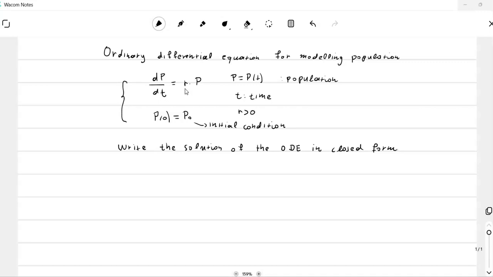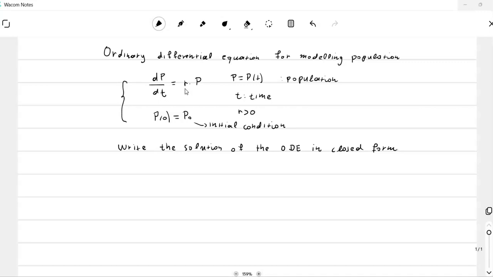Again, this initial value problem is a preliminary model for modeling population. There are more sophisticated models, but this is the simplest one I can produce.